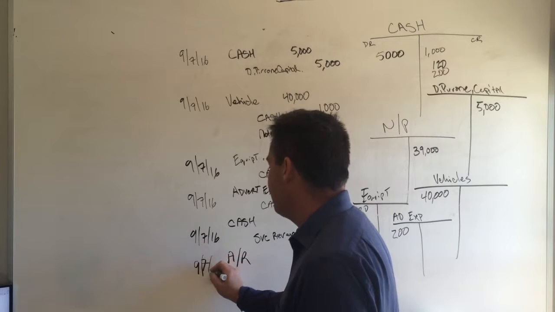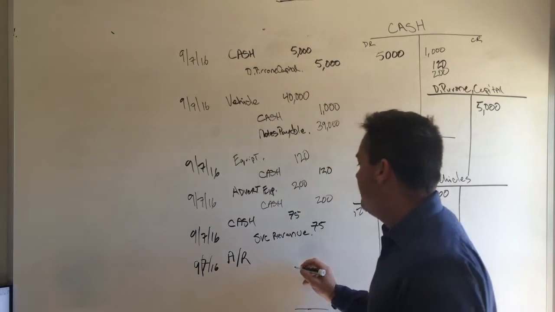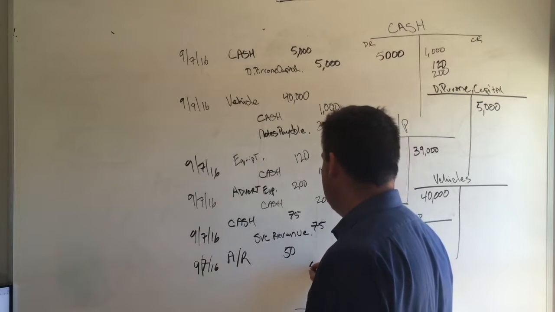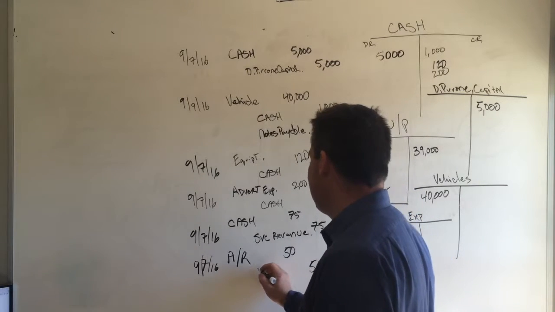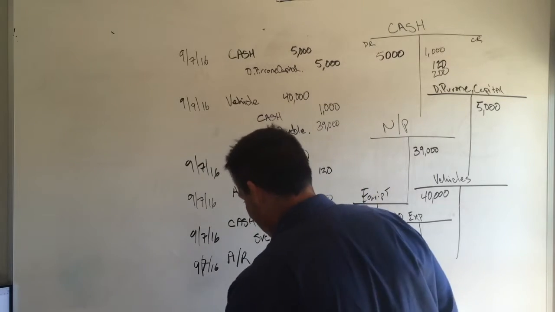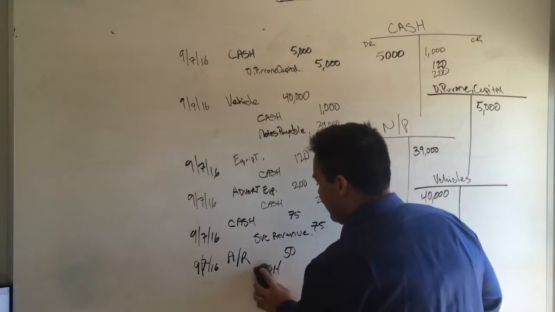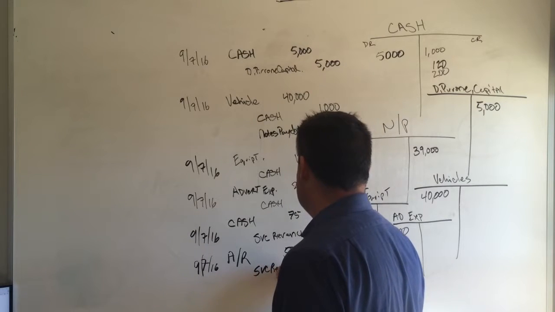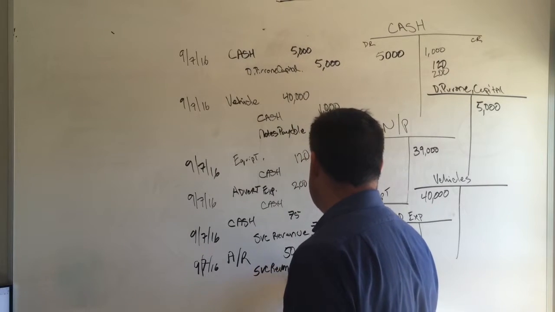And so accounts receivable, and we're going to debit accounts receivable for $50, and we are going to credit, not cash, no, my goodness, not cash, credit service revenue for $50.